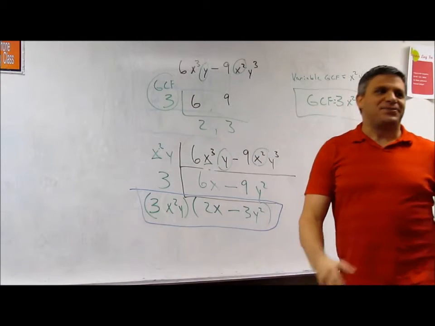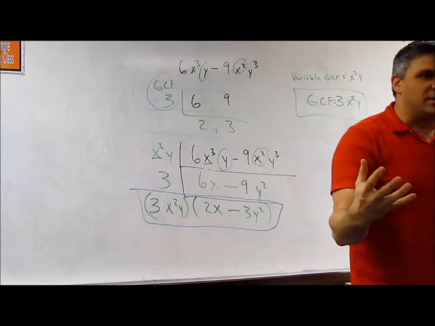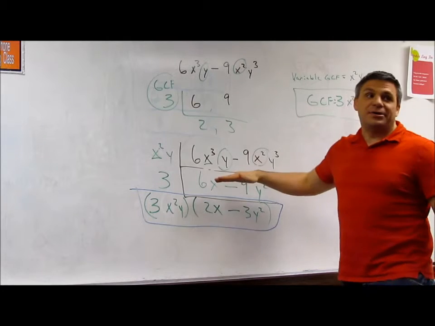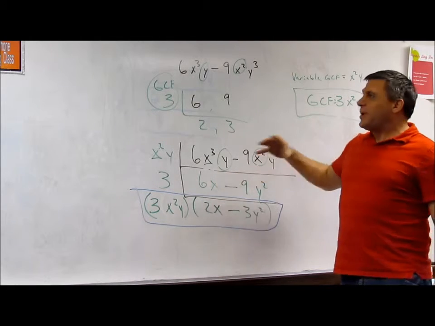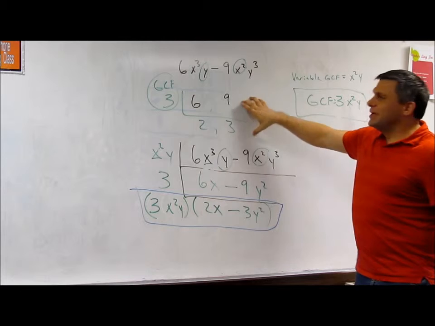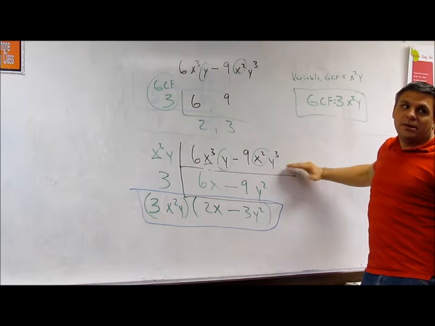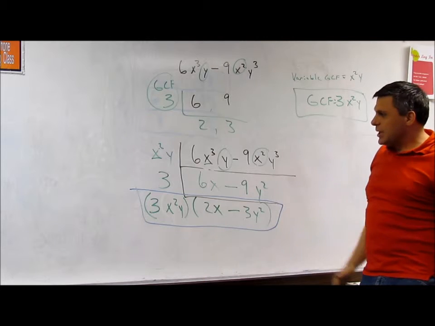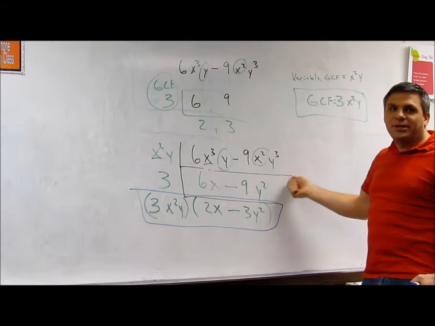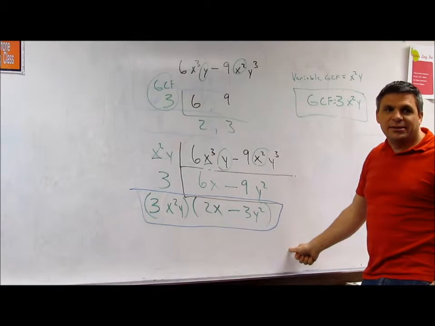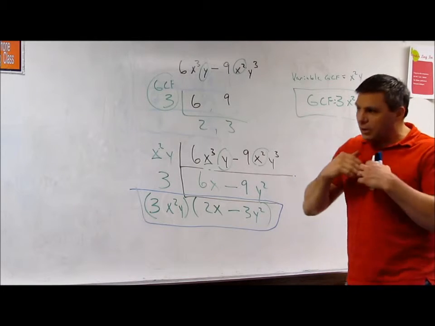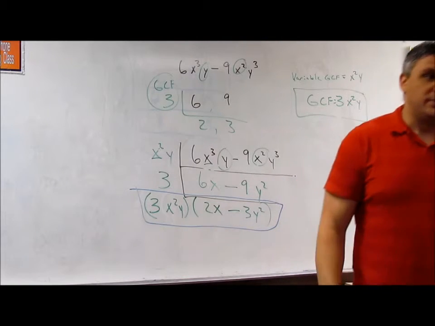But if it asks for you to factor it, a little harder, right? But the cool thing is, you're really doing it the same way. Upside down division. And if we get to know this way, it'll really work for you.